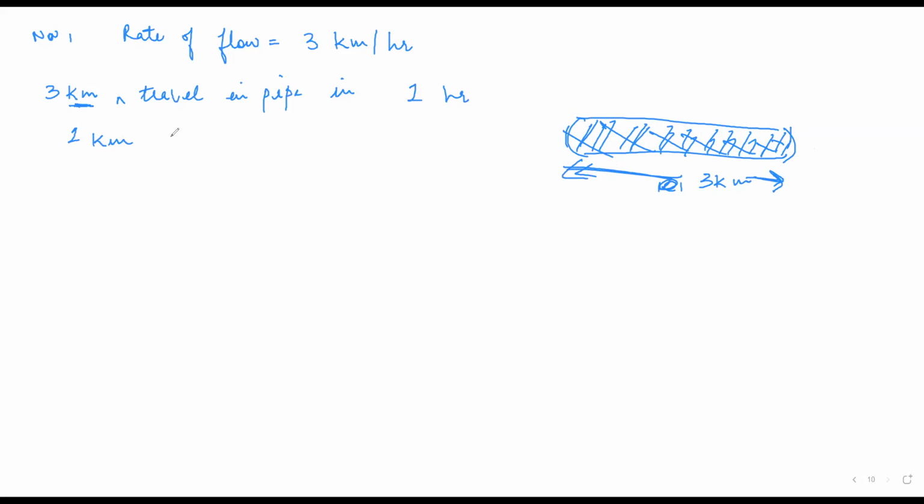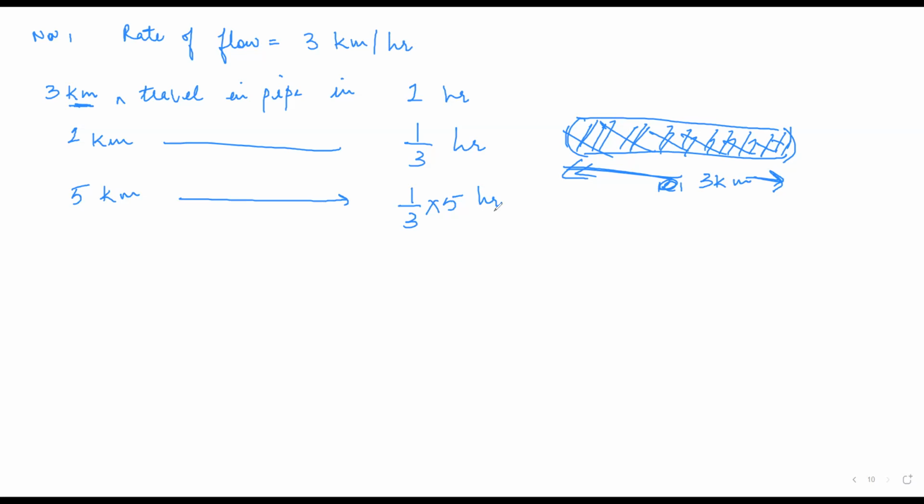So that means 1 kilometer will travel in 1 upon 3 hours, right? And similarly, now my length is 5 kilometer of the pipe. So the amount of water which is traveling, it will travel in 1 upon 3 into 5 hours. Is this idea clear? Right?